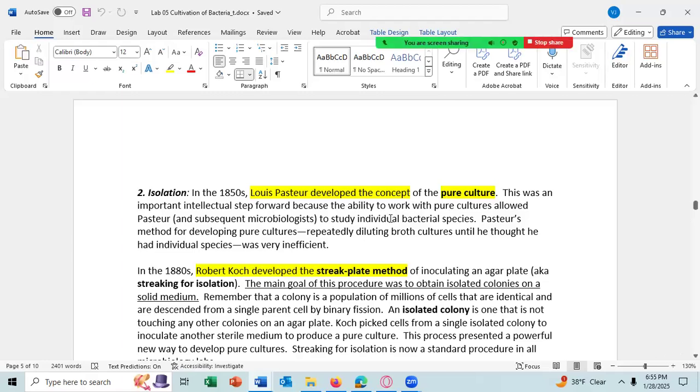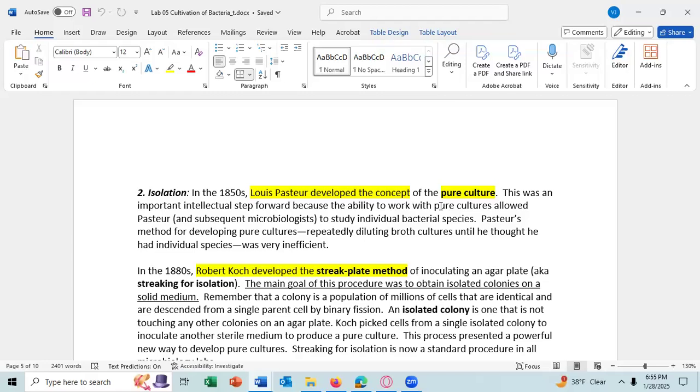We have Dr. Koch, who invented an easier way of obtaining a pure culture. What Dr. Koch did was he took out his culture and then streaked it on a plate of solid media to obtain isolated colonies.